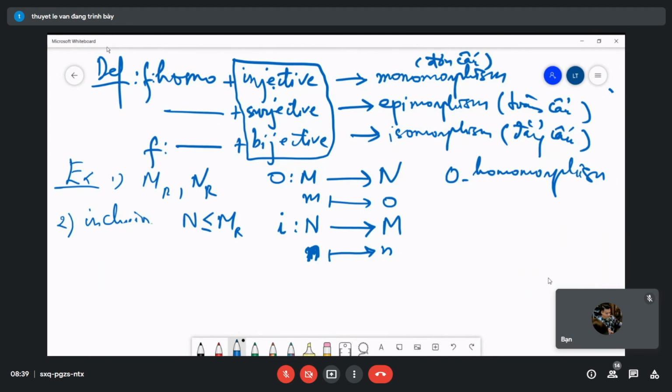The inclusion is, of course, a monomorphism. Okay, the monomorphism. The zero map is not mono, not epi, not iso. But you have the identity.